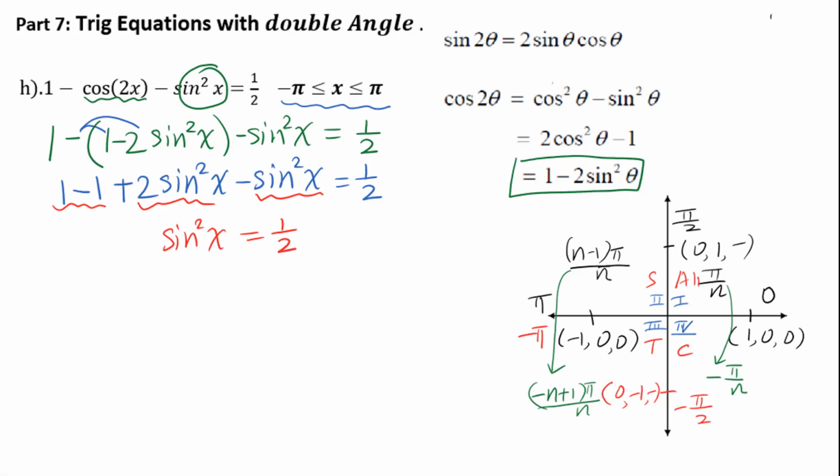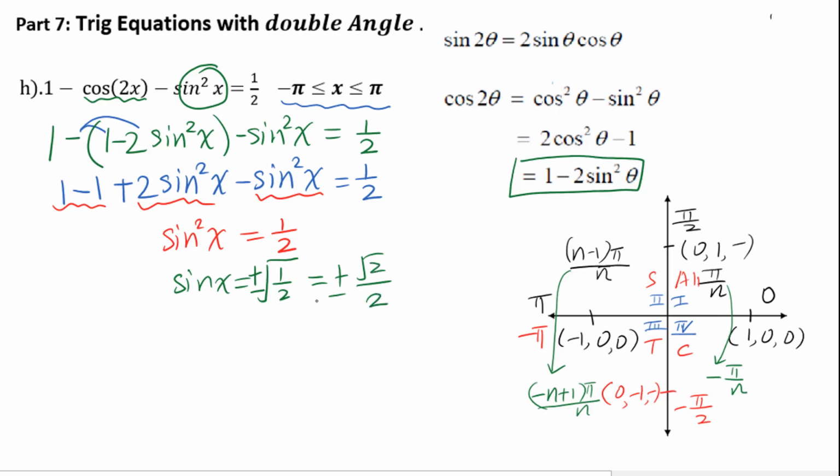This is a power pattern equation. Therefore, sine x equals square root of 1/2. Don't forget plus or minus. That equals plus or minus square root of 2 over 2. Positive and negative square root of 2 over 2, which means sine x will go to all 4 quadrants.